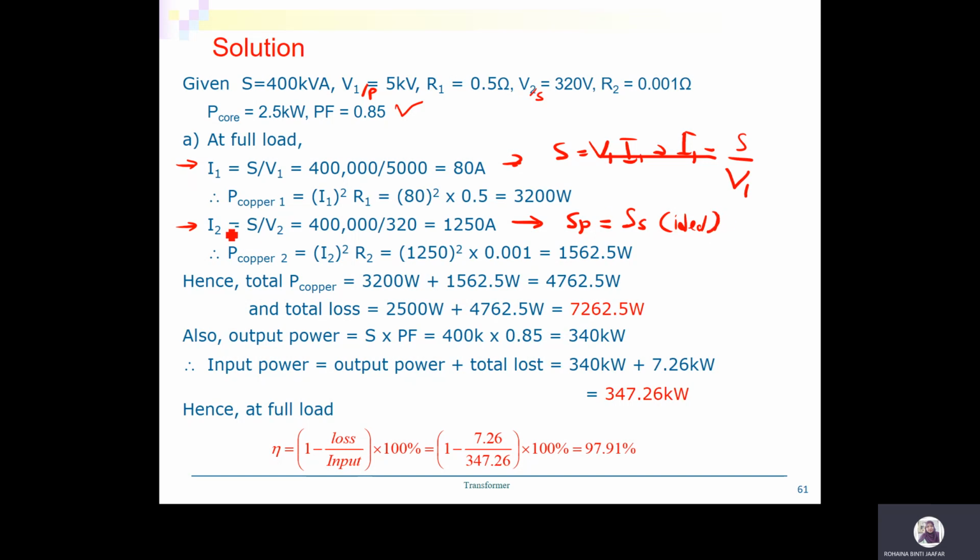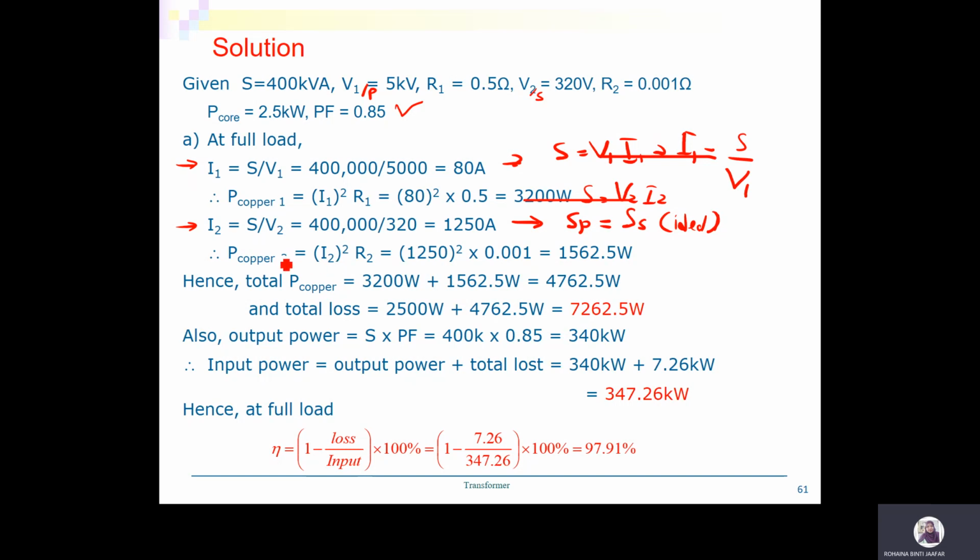Okay, so this one also uses the same approach. I2 is S over V2, so you will get 1250 ampere. And then copper loss at primary is equal to I primary squared times R primary.